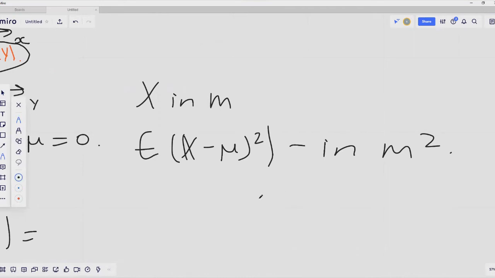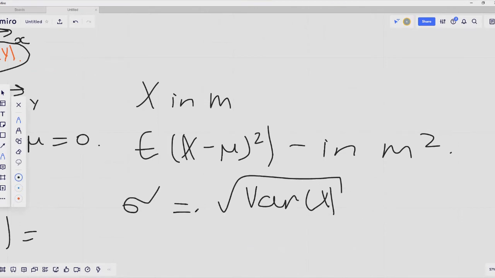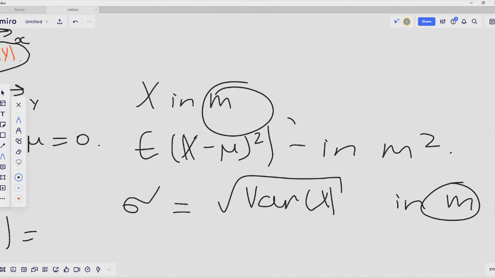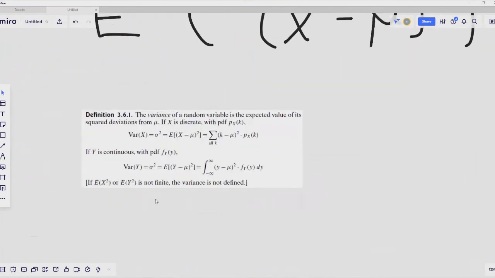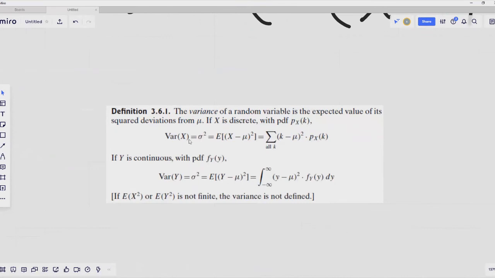To deal with that problem, we can simply take the square root of variance, and this measure, known as standard deviation, is going to be in the same units as our original random variable. The notation for standard deviation is sigma, so variance is equal to sigma squared.